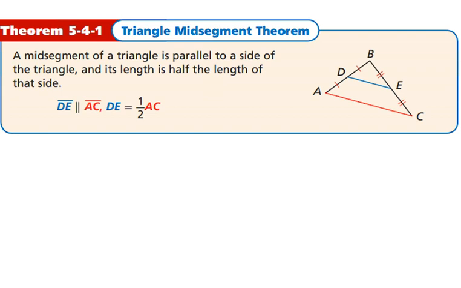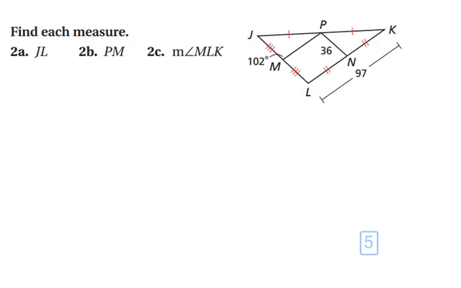So anytime you join two midpoints of a triangle, so you make a midsegment, it's going to be 1/2 the measure of the side that it's parallel to. So it's not only going to be parallel, but also going to be 1/2 the measure.